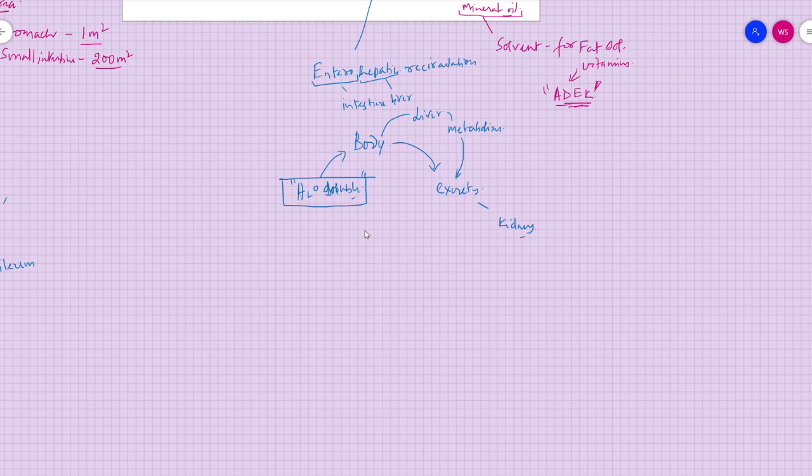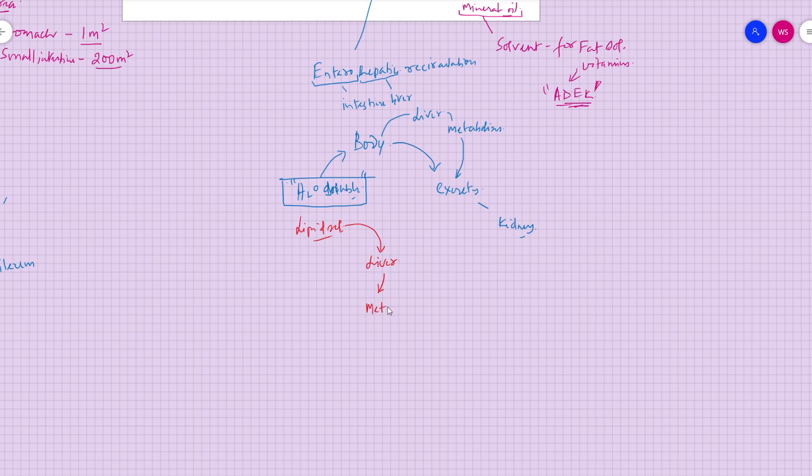But if it is lipid soluble, then excretion through the kidney is not easy. So what does the body do? The body takes these lipid soluble drugs into the liver and adds certain chemicals to them.